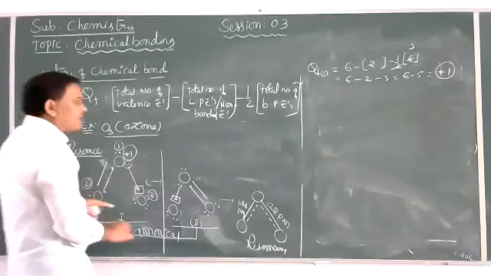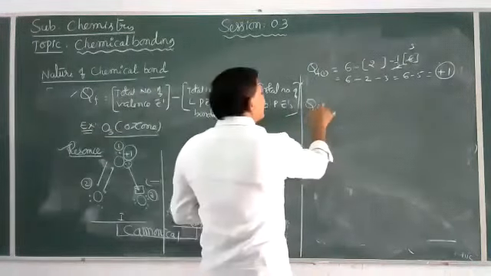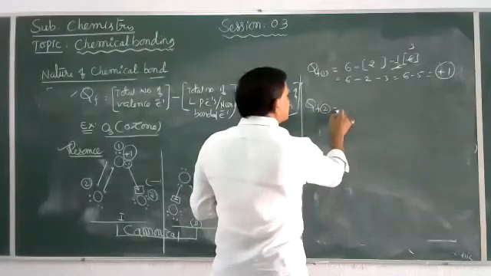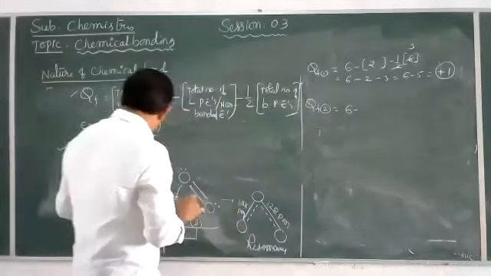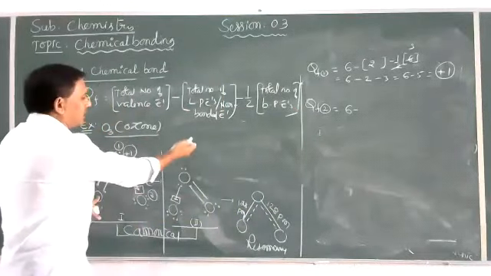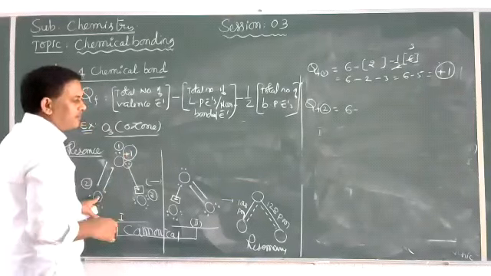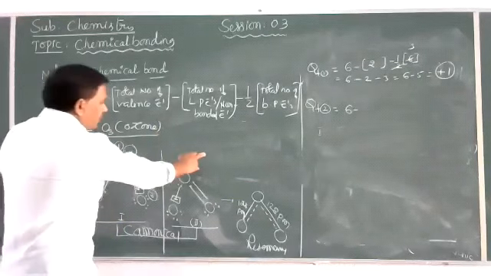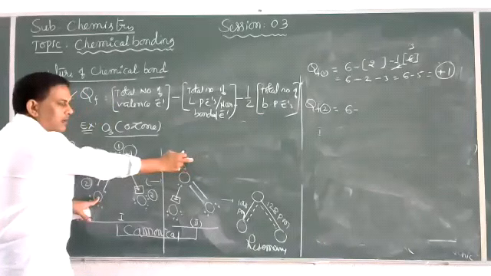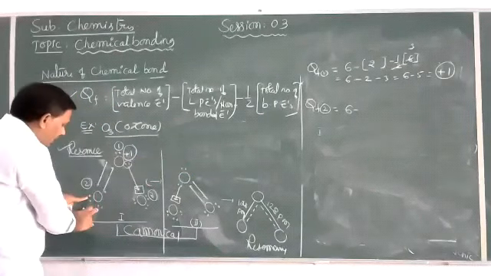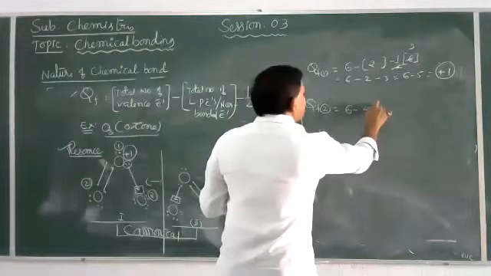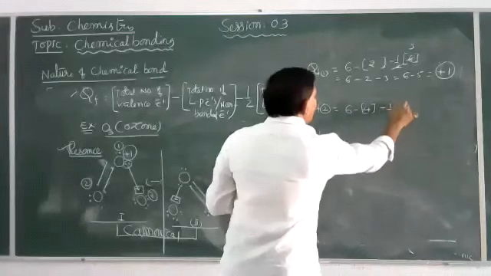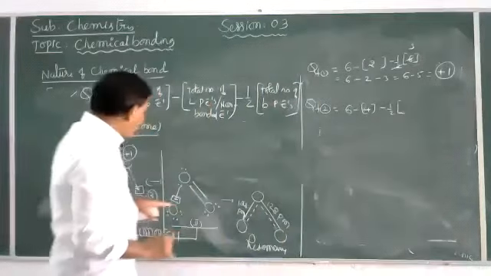Similarly, the formal charge of the second oxygen atom: the number of valence electrons is 6, because we know its electronic configuration. There are 2 lone pairs, which means 4 electrons, so minus 4, minus half into the number of bond pairs.